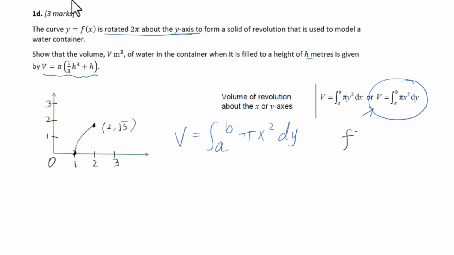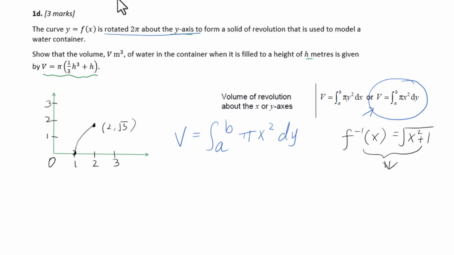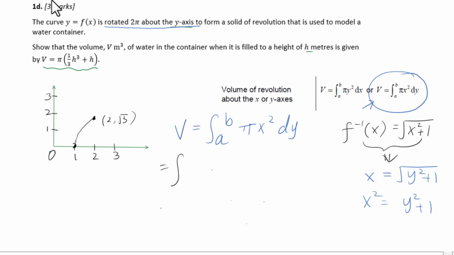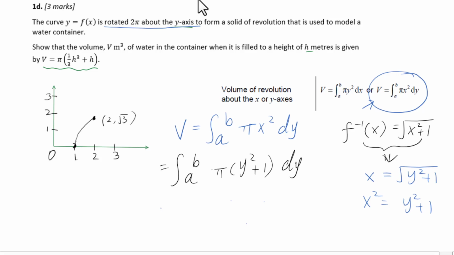Since we already figured out the inverse function equals the square root of x squared plus 1, this means x equals square root of y squared plus 1. So we get integral from a to b of pi times y squared plus 1 dy. When it's filled to a height of h meters, this b is h, a is 0.